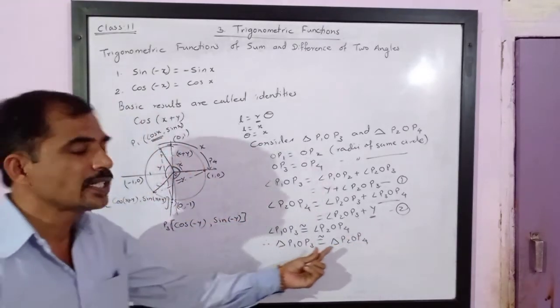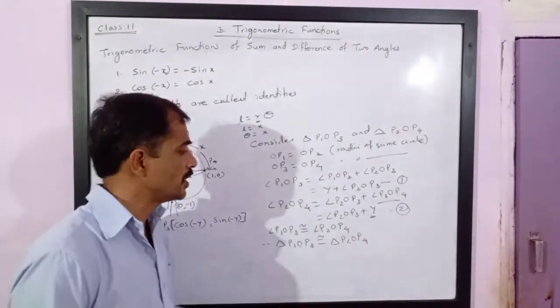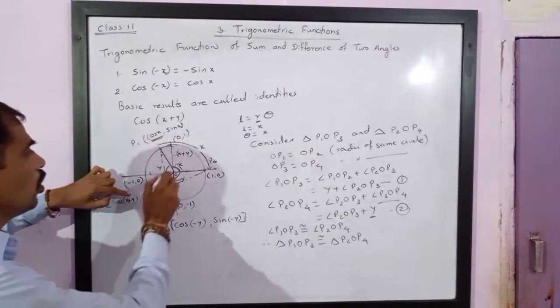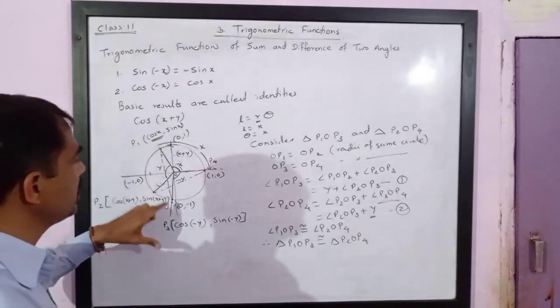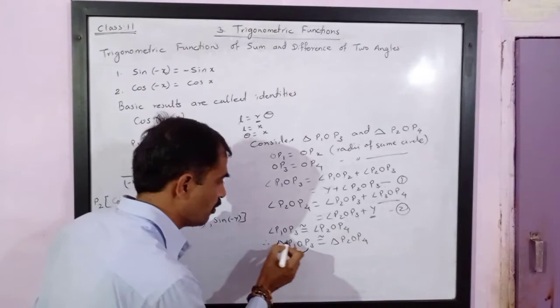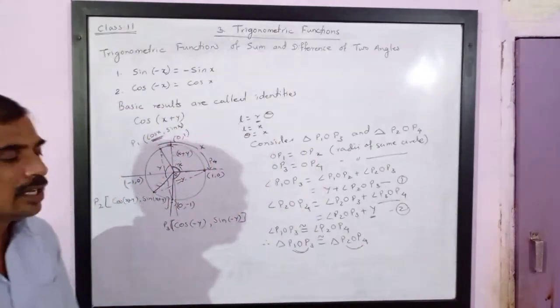Now, if the triangles are congruent, then we can say that corresponding sides are congruent. It means, see which triangles I have said, P1O P3 and P2O P4. So these two triangles are congruent. It means P1 P3, the side made by the first and second vertex, and here also the side made by the first and last vertex.